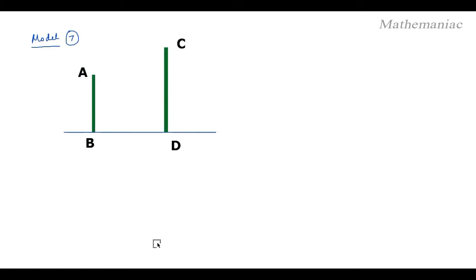They are constructed on the same horizontal level. So now what exactly is given here is that one person is sitting here at A and he is looking at the top of the other building as well as the bottom of the other building, right? Top of the other building and bottom of the other building.